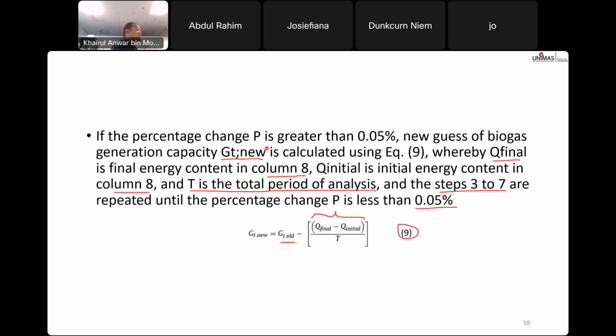If the percentage P is greater than 0.05%, new biogas generation capacity GT new is calculated using equation 9. So for this case, how much? Q final is 18.91.